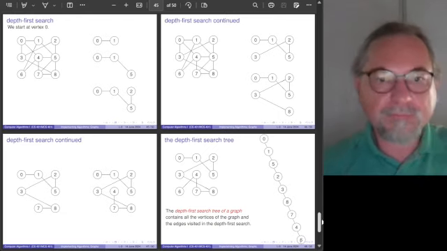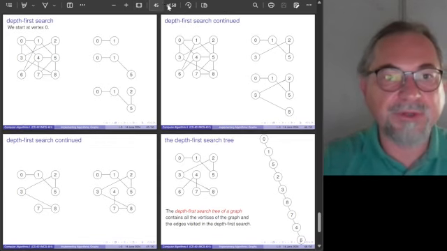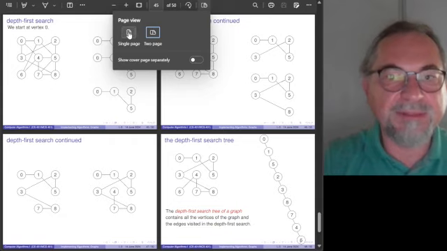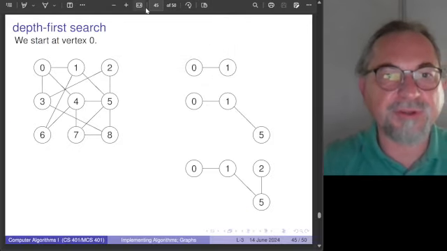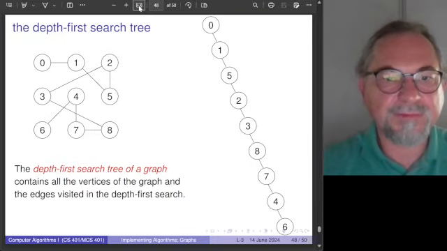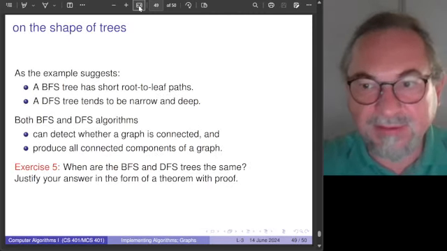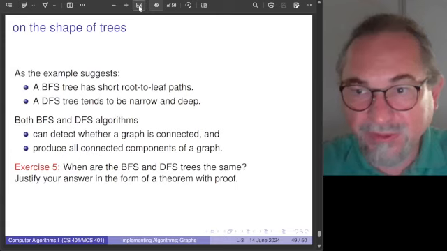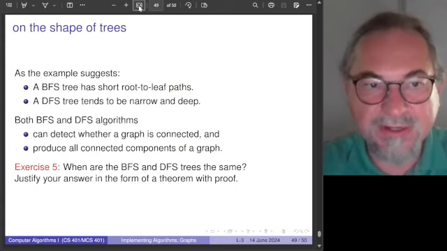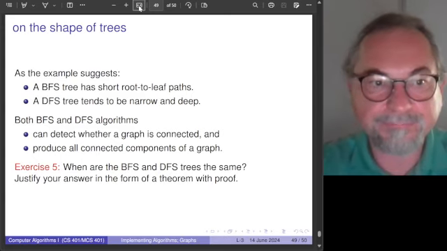Okay, so what do we observe? We observe that the result is significantly different. Here is the result of the depth first search. It depends, of course, on what you want. If you want to quickly find the exit in a maze, then the depth first search tree will be what you will be needing.